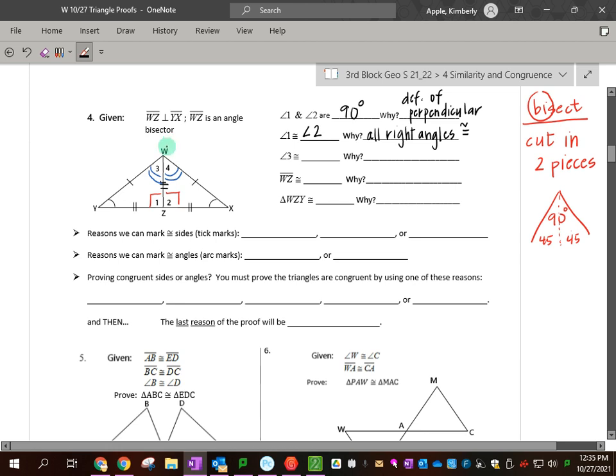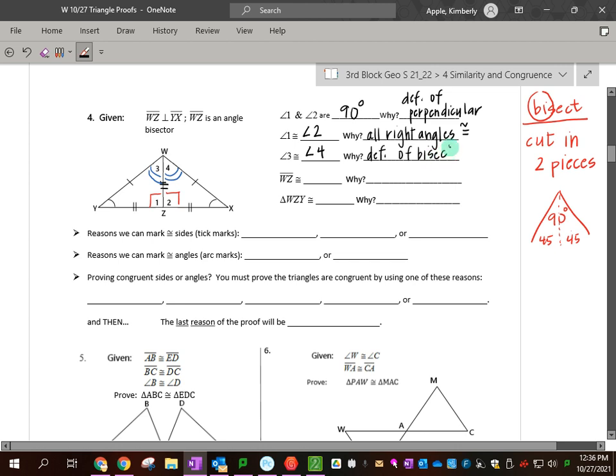Angle 3 is congruent to which angle? Angle 4. How did I know that? How did I make those marks? What was my justification for making these? The bisector. This is the definition of a bisector.